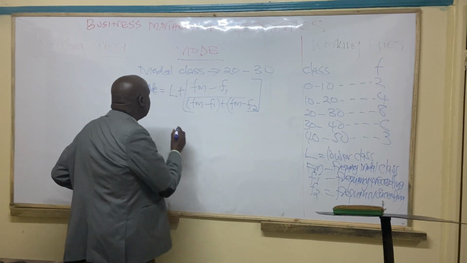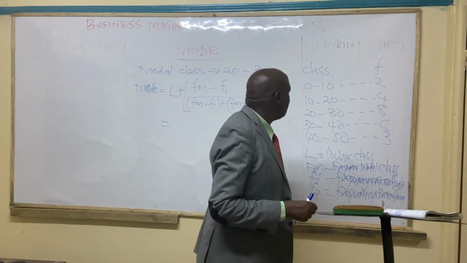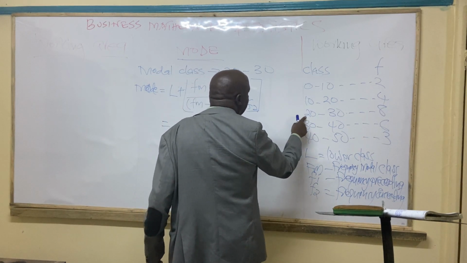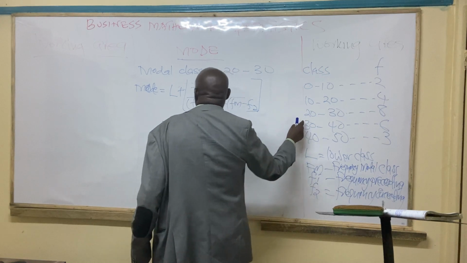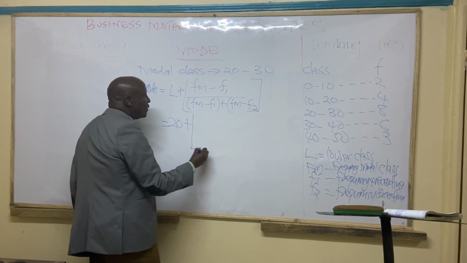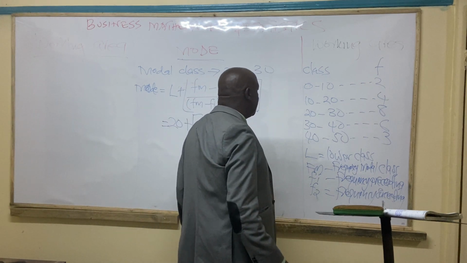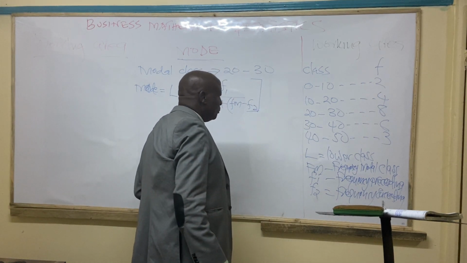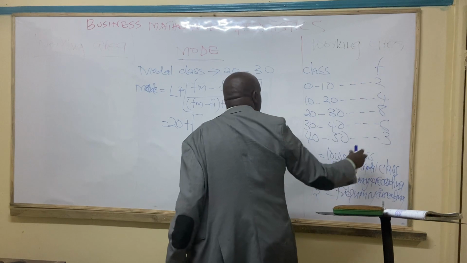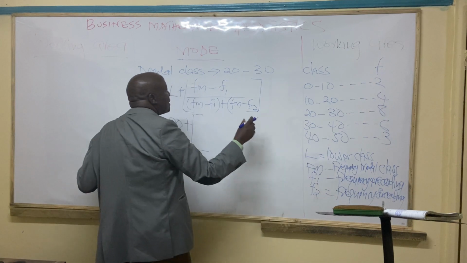So now here, to get the real mode, we say the lower class here is 20. We say 20 plus, you write here, 20 plus, this is the modal class. So it will be 8, this is the frequency of the modal class. Frequency of the modal class is 8.